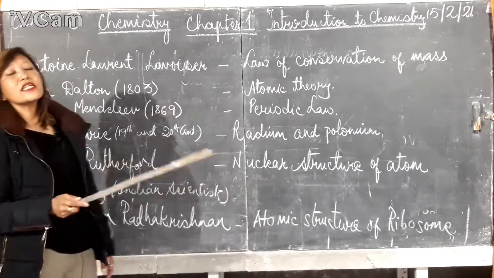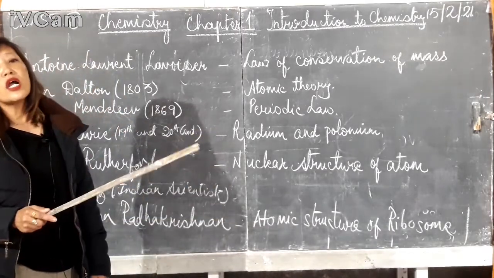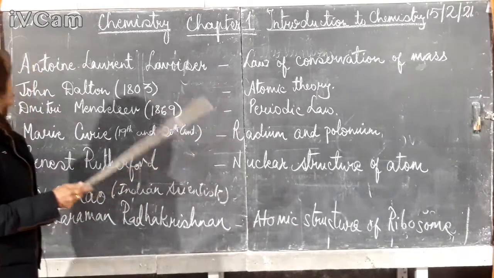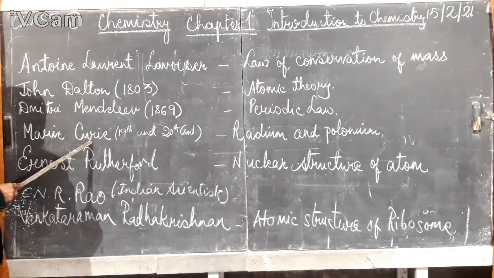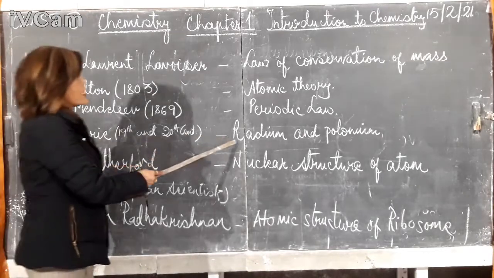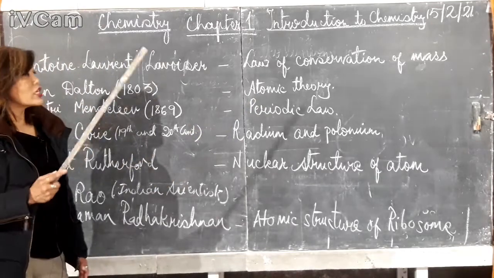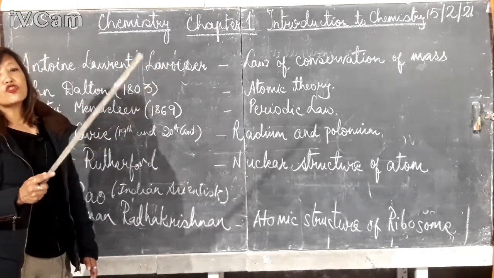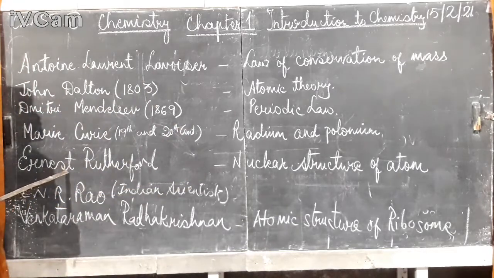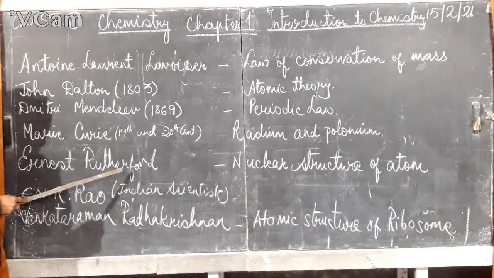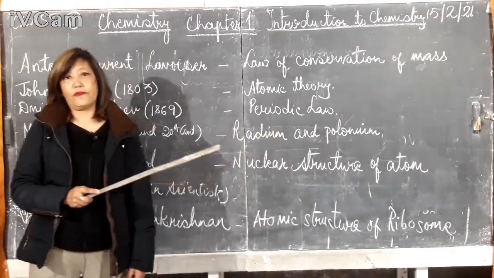Then by the 19th and 20th century, science became more advanced due to the work of other scientists like Marie Curie. She discovered radium and polonium, and she had a huge contribution in finding the treatment of cancer also. Then the next one is Ernest Rutherford, who discovered the nuclear structure of the atom.